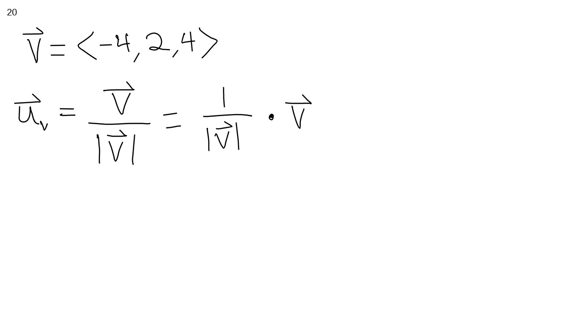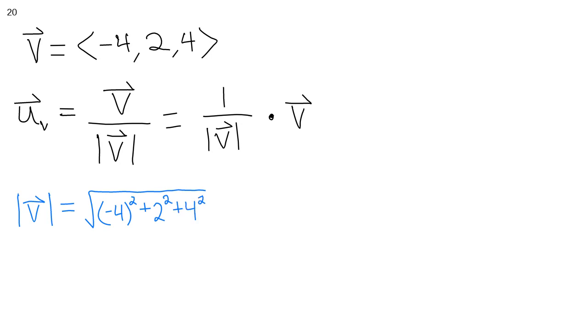So let's start with the magnitude of V. Doing Pythagorean theorem, you take each component and you square it. 4 squared, 2 squared, 4 squared.